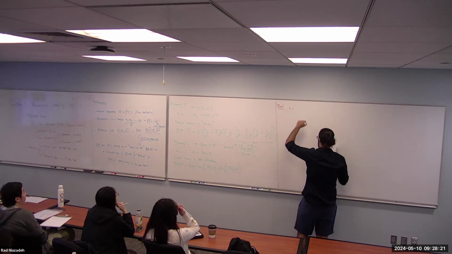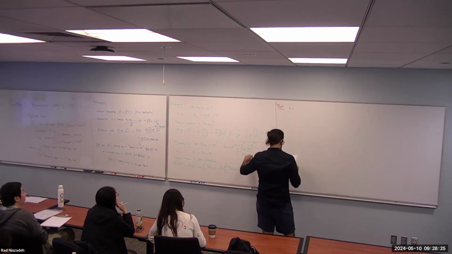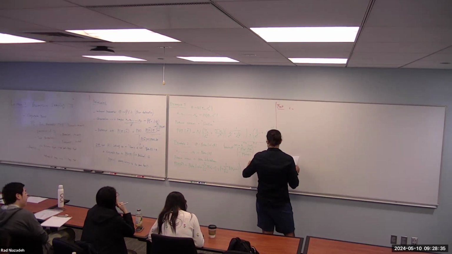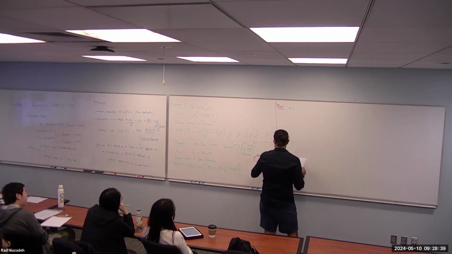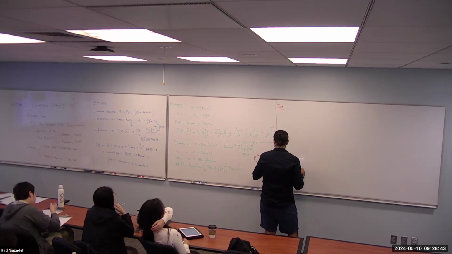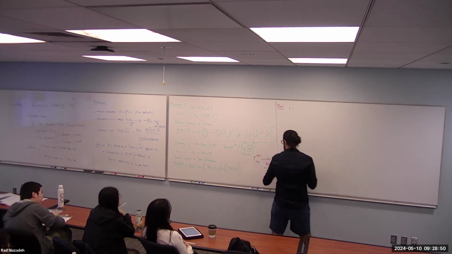Let's say F of beta with parameters alpha and beta is the CDF of the beta distribution, with parameters alpha and beta.